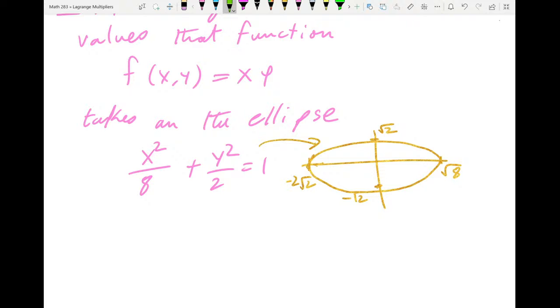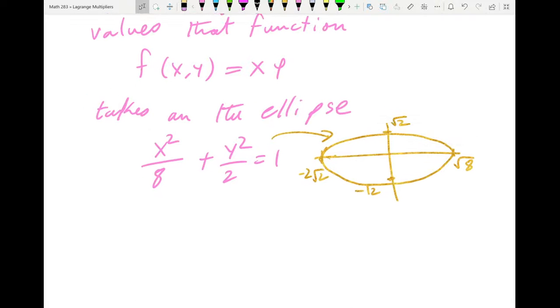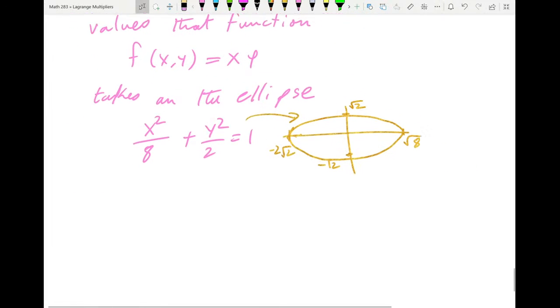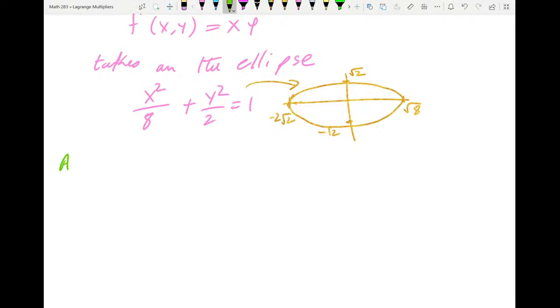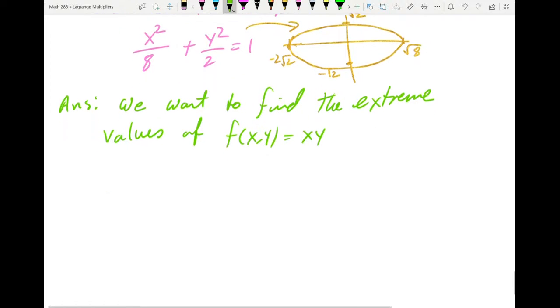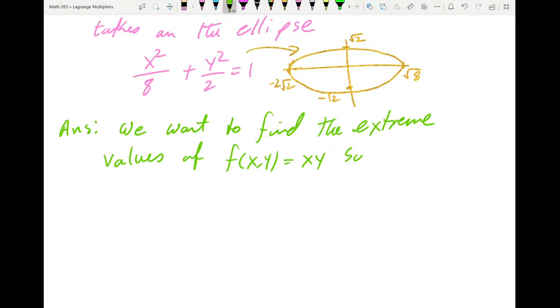So let's look at the answer. All right. We want to find the extreme values of the function subject to the constraint.